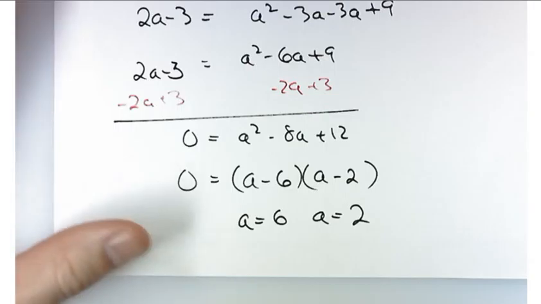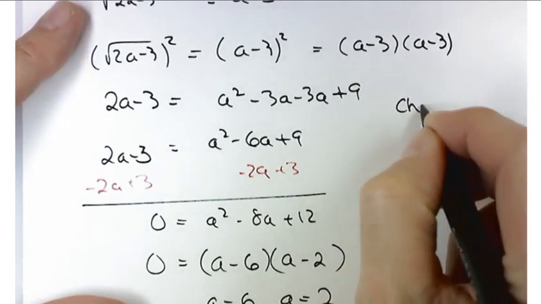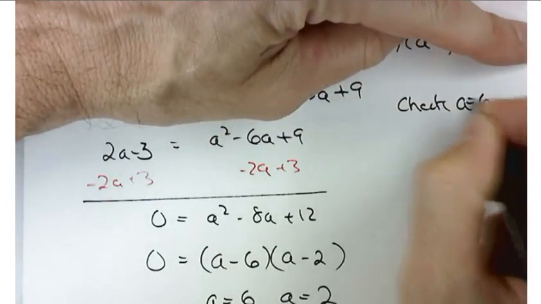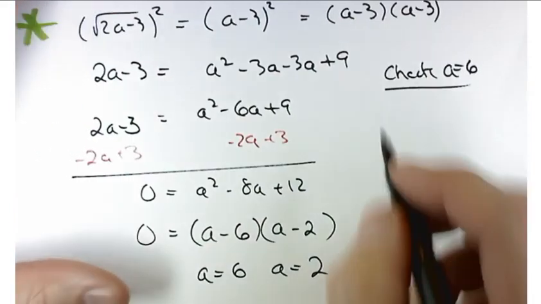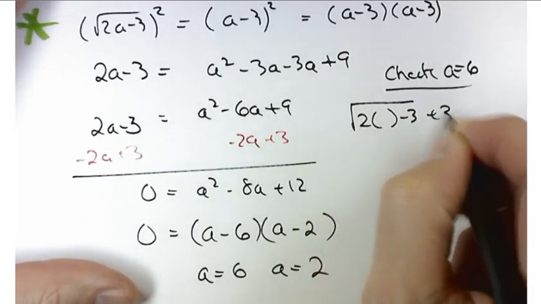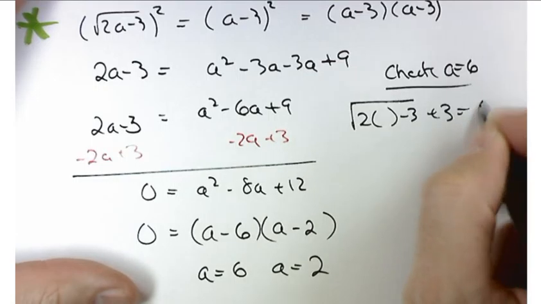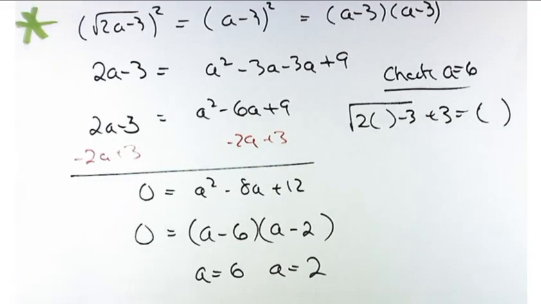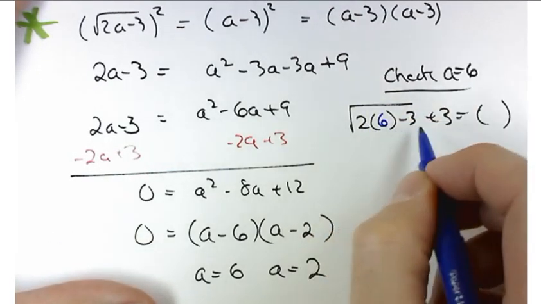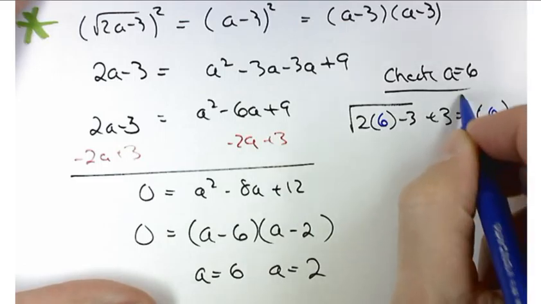So we'll start with a equals 6. Check a equals 6. Square root of 2 times a minus 3 plus 3 equals a. So when you're checking your answers, go back to the original problem. 2 times 6 minus 3 plus 3, does that equal 6?